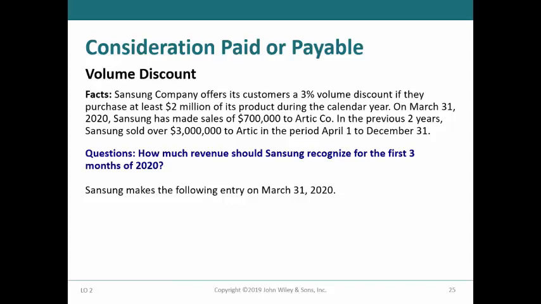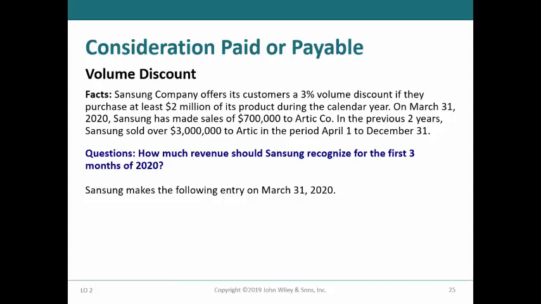In the previous 2 years, Samsung sold over $3 million to Arctic in the period April 1st to December 31st. The question is whether Samsung should record the revenue for the sale of $700,000 net of the volume discount of 3%.